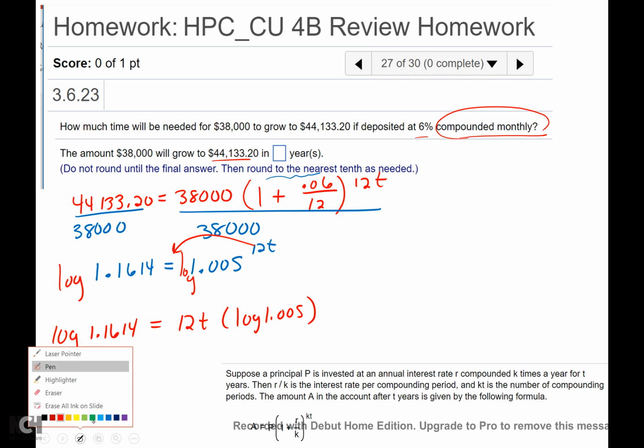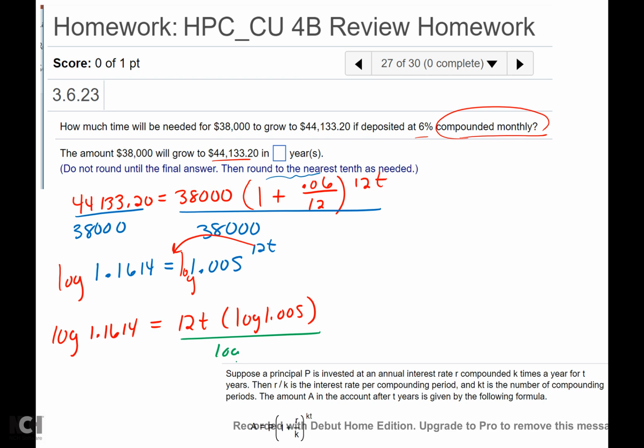To get t alone, I'm going to divide by log 1.005. That gives me 12t equals log 1.1614 divided by log 1.005. Oh crap.